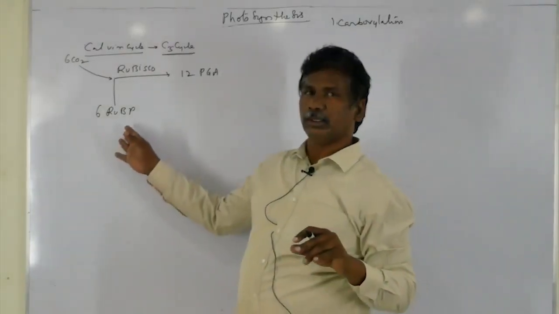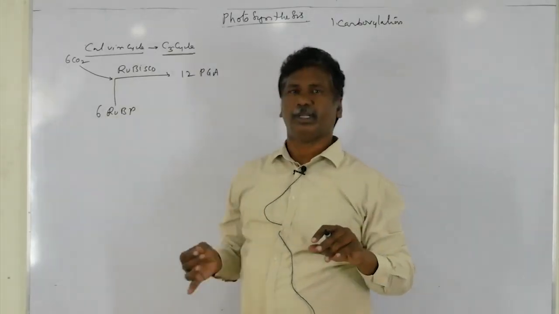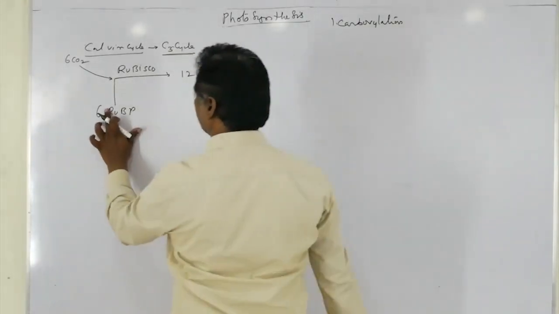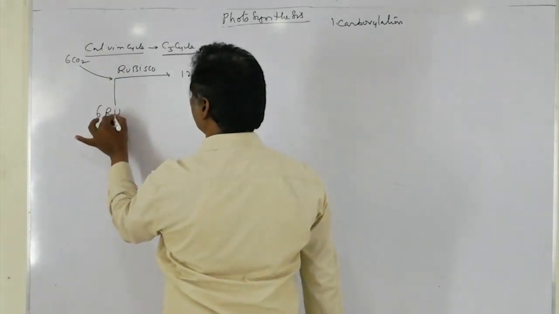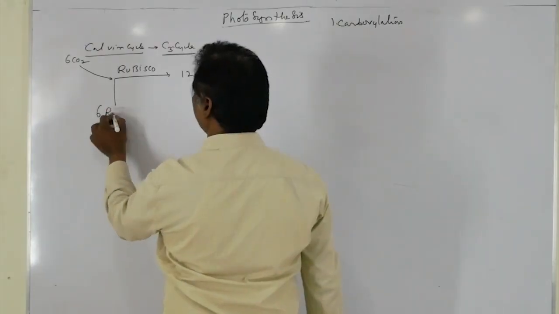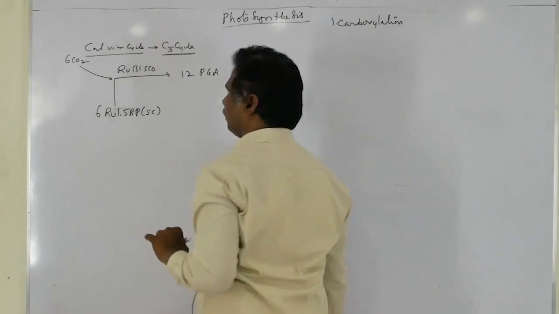RuBP is accepting the 6 molecules of carbon dioxide. RuBP means ribulose 1,5-bisphosphate. It is a pentose sugar.